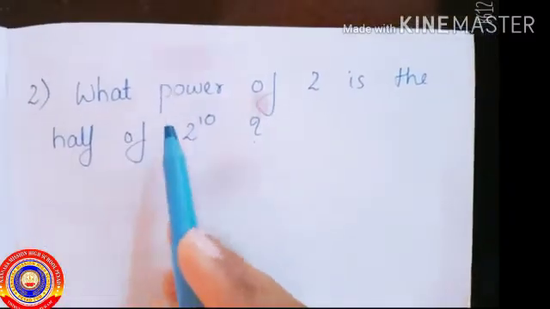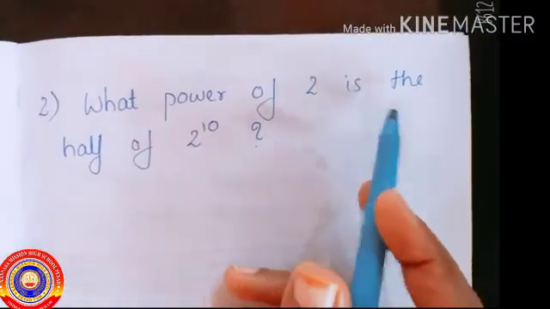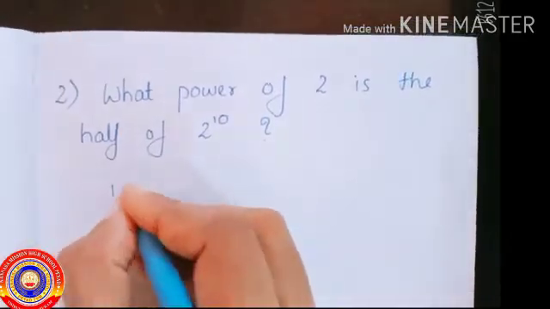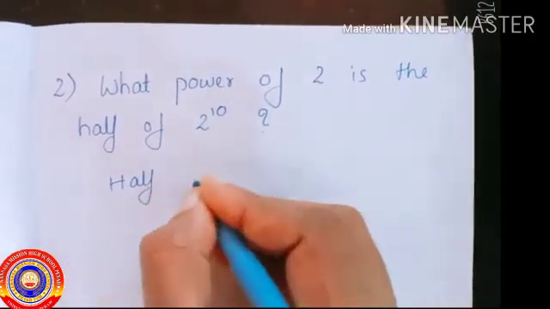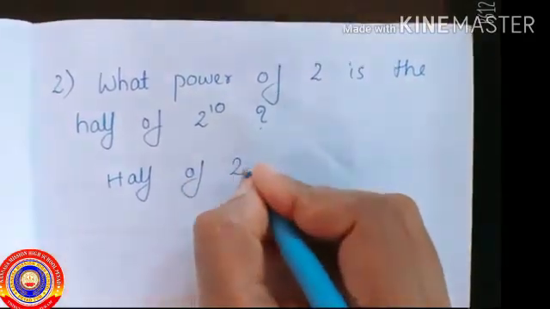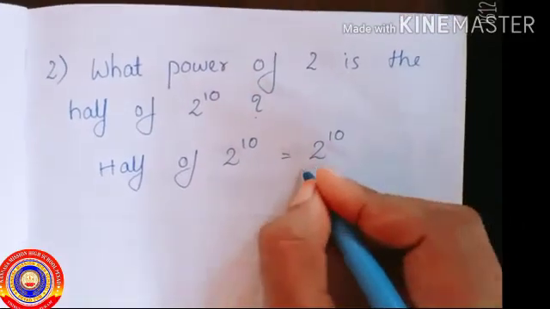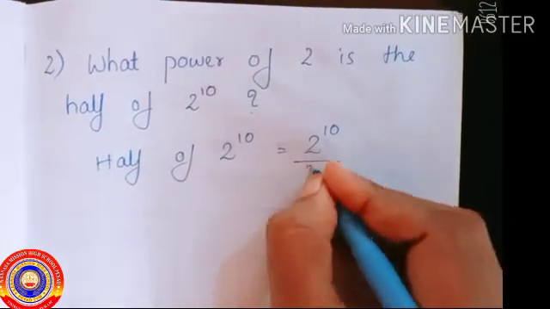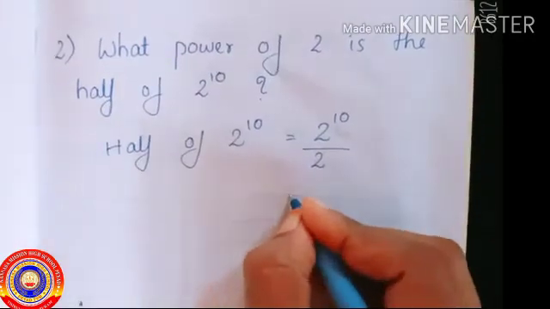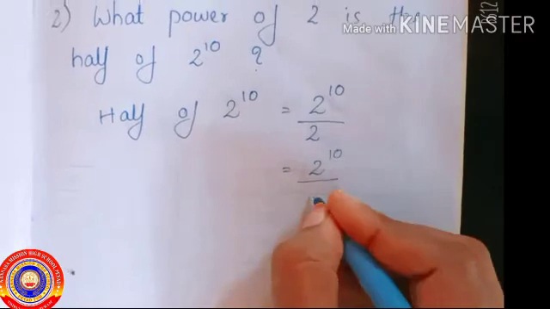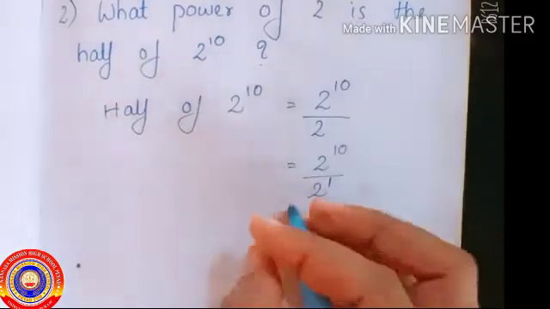Second question, what power of 2 is half of 2 raised to 10? So half of 2 raised to 10 is equal to 2 raised to 10 divided by 2, which is 2 raised to 10 divided by 2 raised to 1.